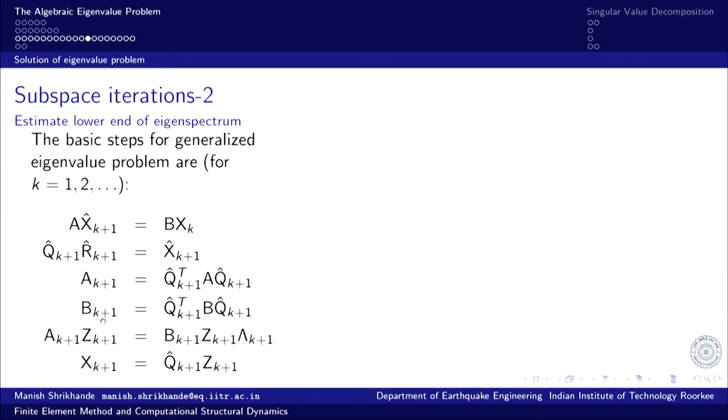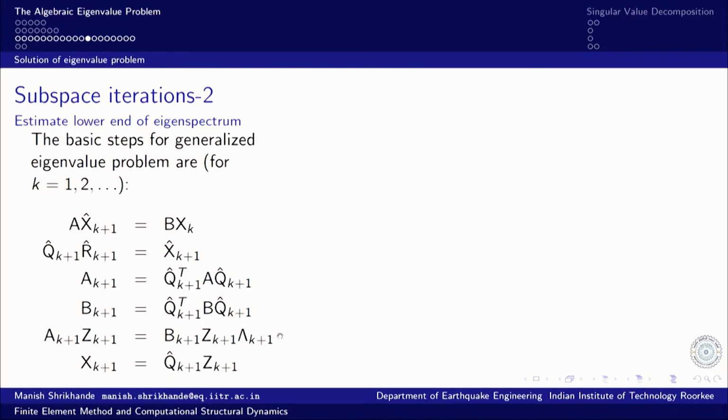It is common in typical finite element problems that A and B would be of the order of several millions in size, while these matrices A k plus 1 and B k plus 1 are only of size a few hundred by 100.